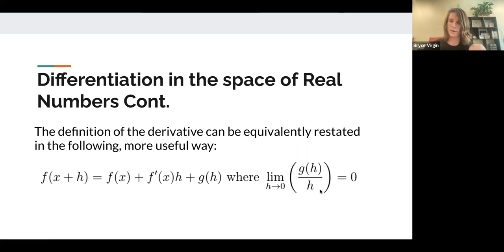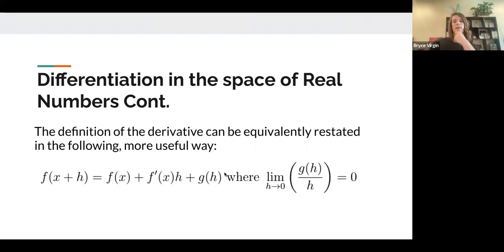It gets small very, very fast, according to our definition from the last slide. Recognizing the parallels with that definition, this error function's requirement is that it is differentiable at 0 and that its derivative is equal to 0. So it can be linearly approximated by a flat thing right at 0.